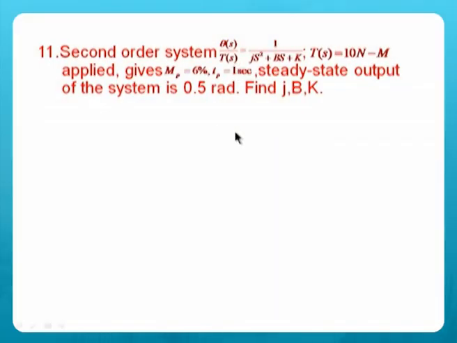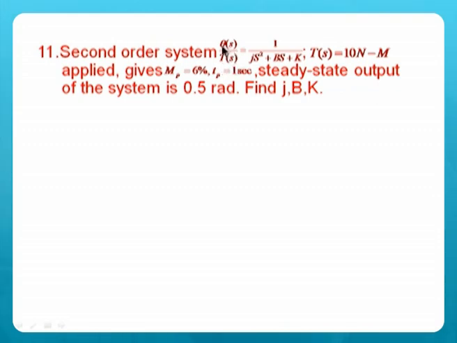This is not an electrical system. He has given a rotational system example. In this problem, it is a second order system anyway because there are two roots for this transfer function, and theta of s is the angular displacement in radians and T of s is the torque.